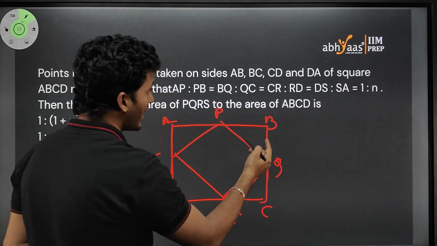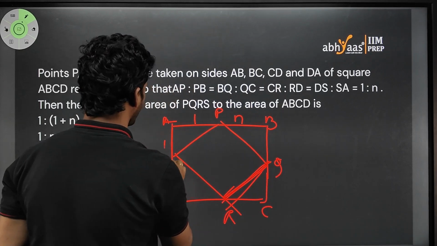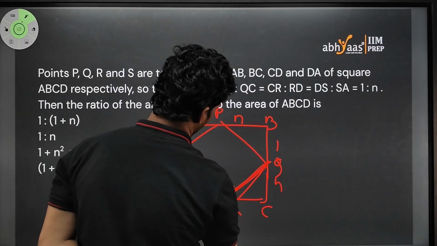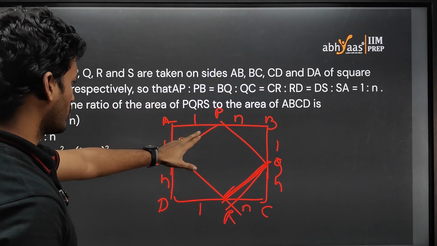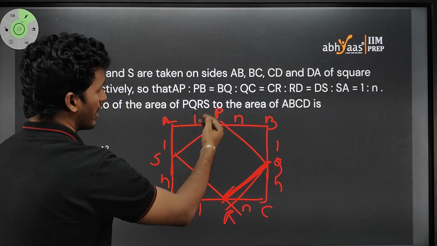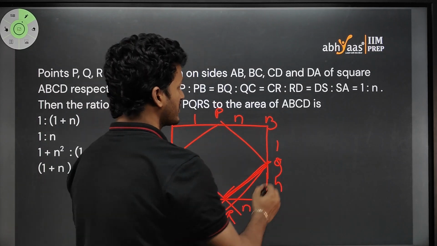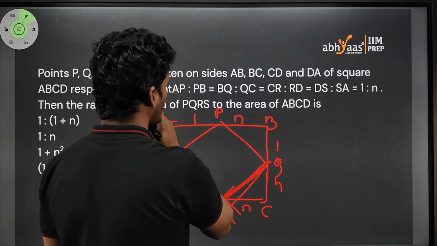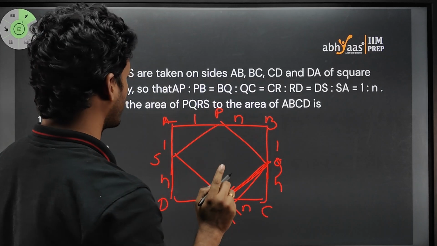It divides each side in the ratio of 1 is to n, 1 is to n, 1 is to n, 1 is to n. Now we need the ratio of the area of PQRS, this means the inner square, to the area of the bigger square. The length of the square is not given, right?